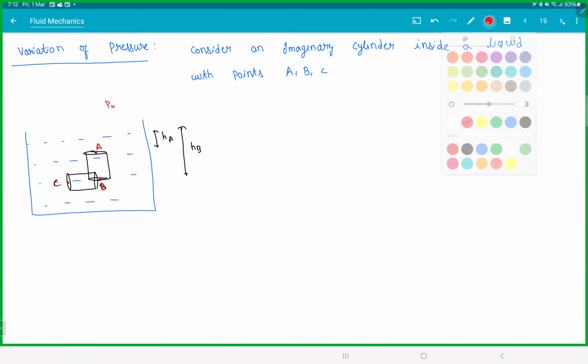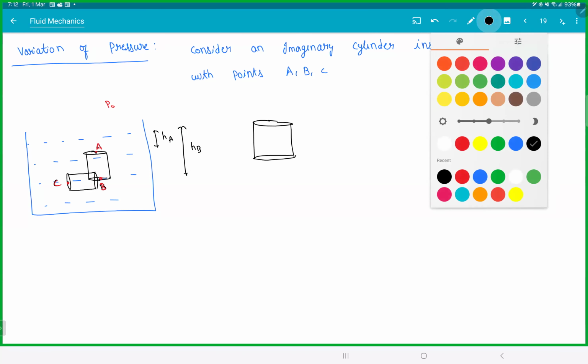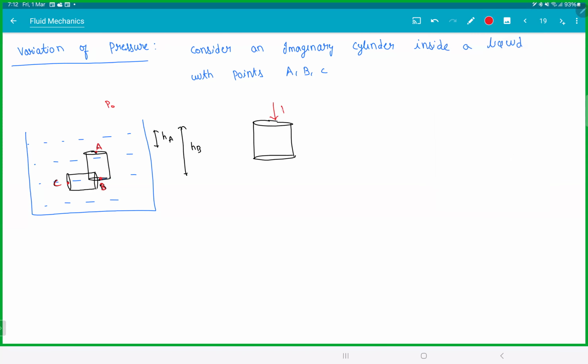Now, if you draw the FBD of that cylinder, the forces will be pressure at A into area, pressure at B into area, and the weight of the cylinder, which is mg. Weight of the cylinder is density, area, the height of the cylinder, HB minus HA, into g.